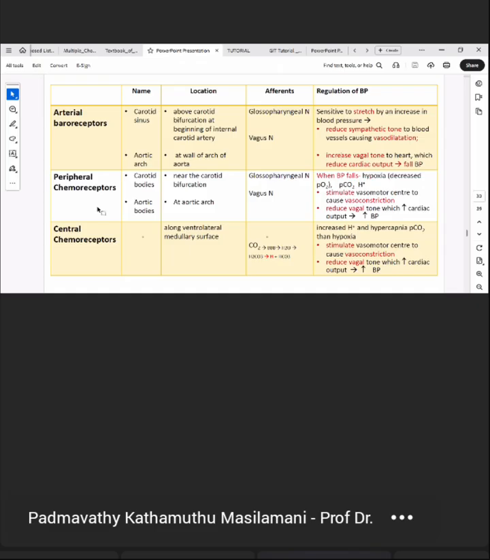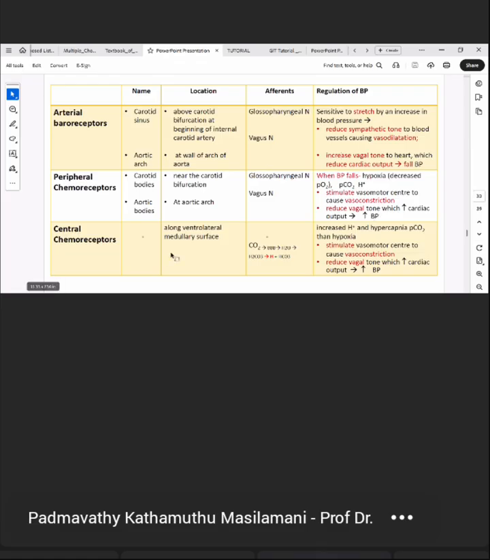Suppose the blood pressure is low, that stimulates the carotid bodies and aortic bodies, which are the chemoreceptors, carried by the glossopharyngeal and vagus nerve respectively, to increase the sympathetic stimulation. Sympathetic stimulation causes vasoconstriction of the blood vessels, and the effect on the heart will be an increase in the heart rate and cardiac contractility to increase the cardiac output.